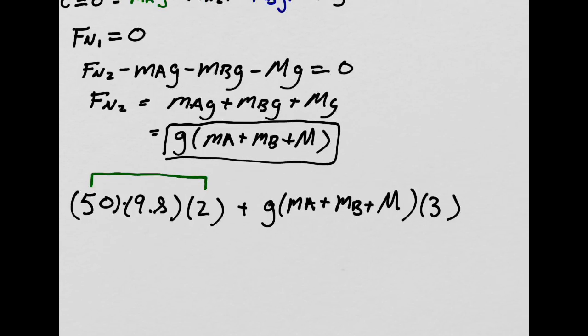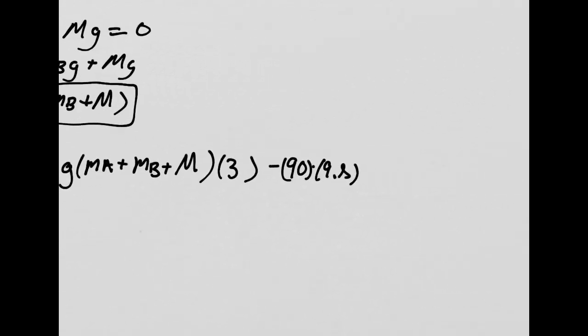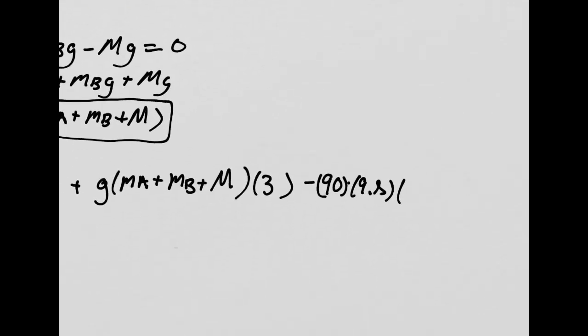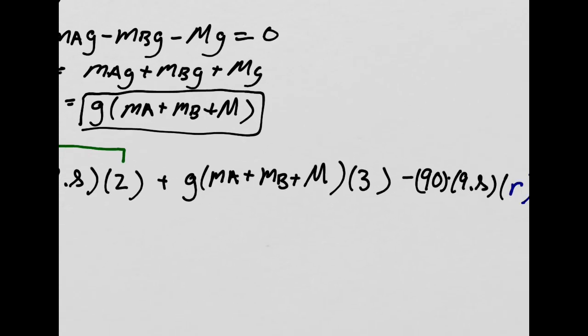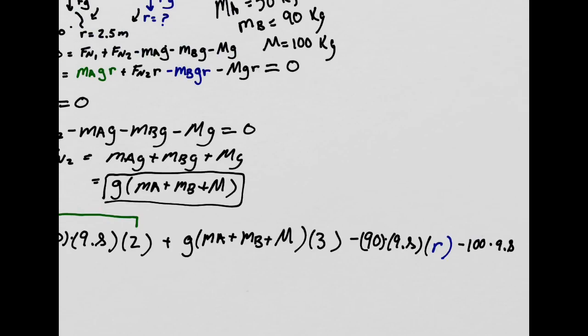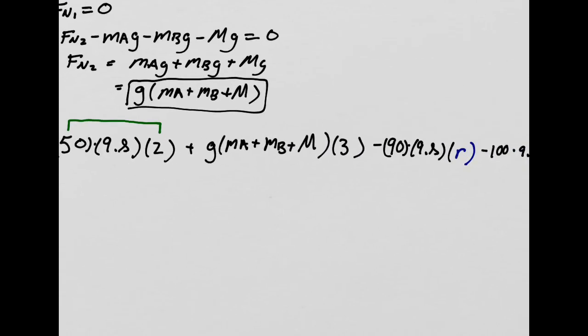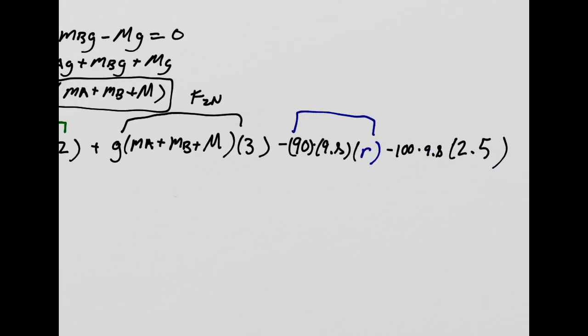And then we have minus Mb, 90, times g, 9.8, times the distance there, which is our unknown blue R. And then we have our final one, which is minus M, which is 100, times 9.8 times the distance to the center, which is 2.5.